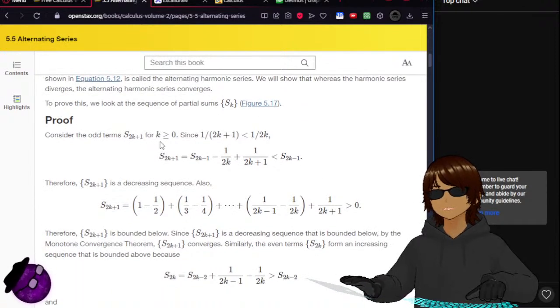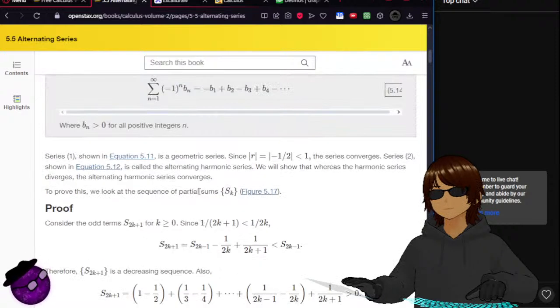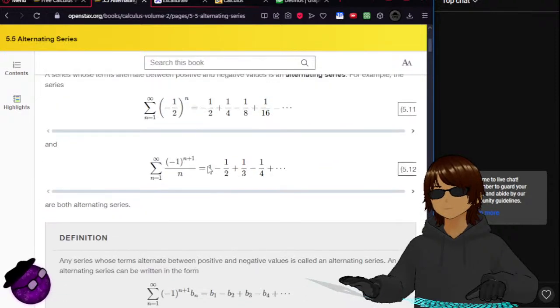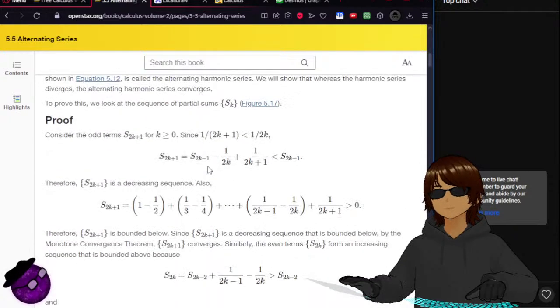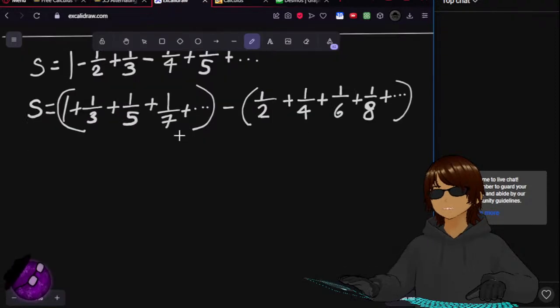S2k plus 1 for k more than 0. So you have the previous term minus half plus, consider the odd terms.